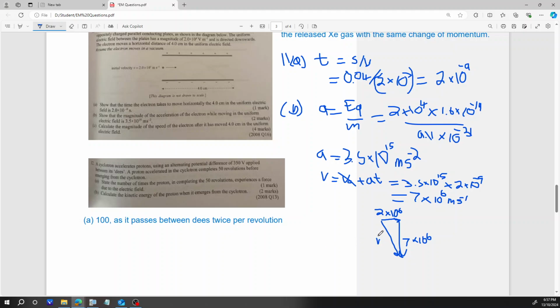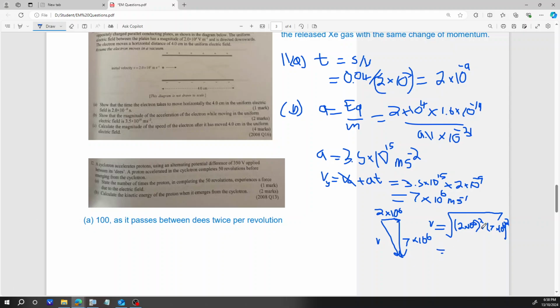I want to work out the speed here. So this is Vy, that's Vx, and that's V. Let's work it out with Pythag. This one's a bit squishy.